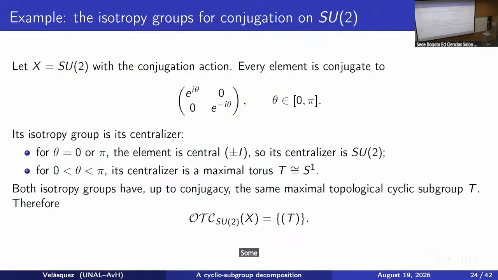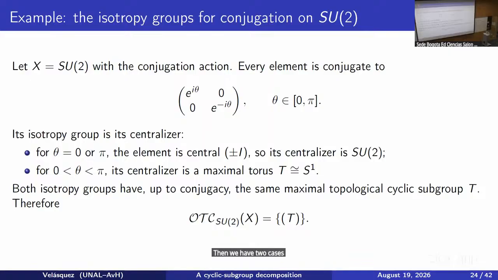Example: suppose that our space is the group SU(2), the rotation group, with the conjugation action, meaning SU(2) acting on itself by conjugation. Every element is conjugate to an element of this kind. And the isotropy group of each element is its centralizer, because the action is by conjugation. Then we have two cases.